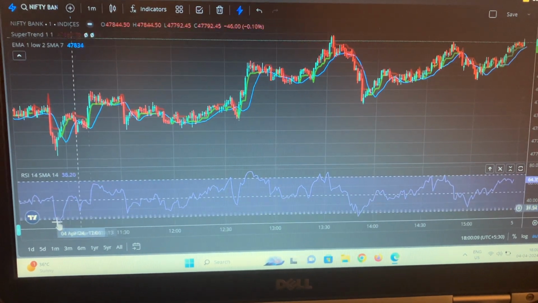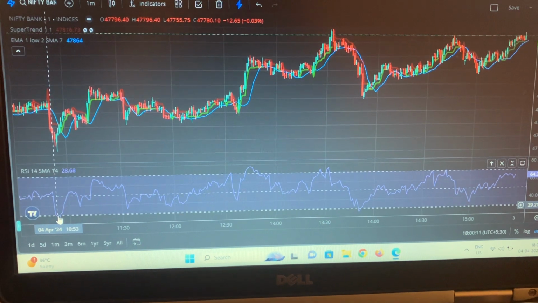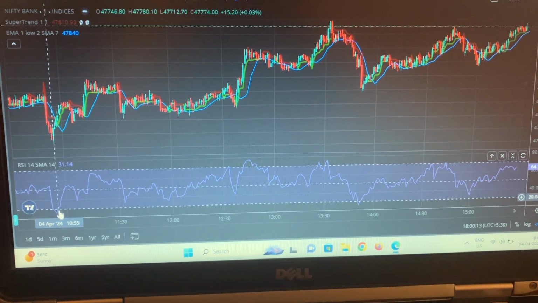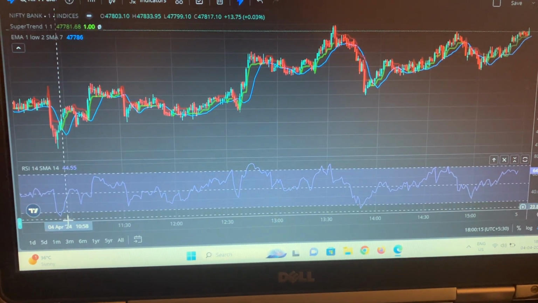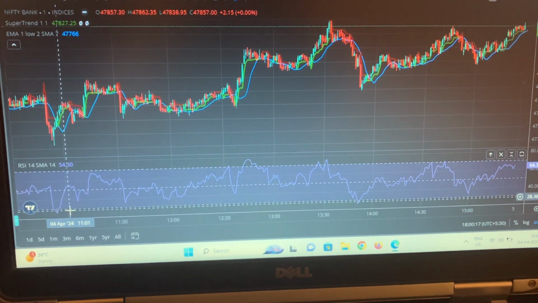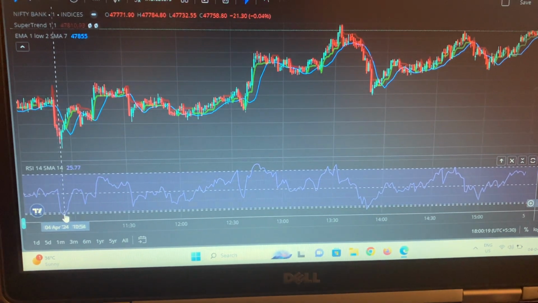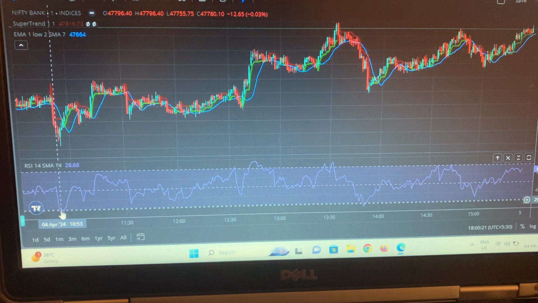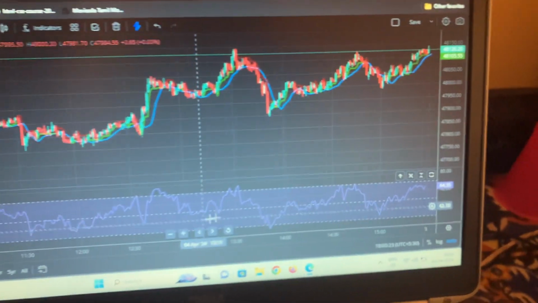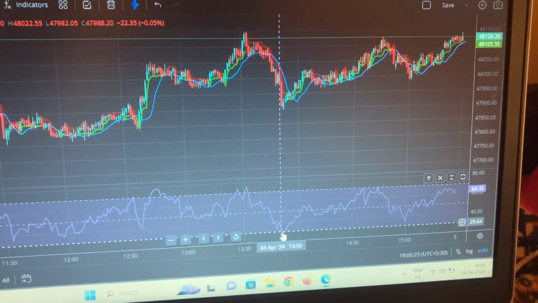So my suggestion is it has to cross the 30 level, it has to come down. Once again, if there is any movement, it has to cross this 30 level again. So here is one zone I can tell you, and another zone is over here.